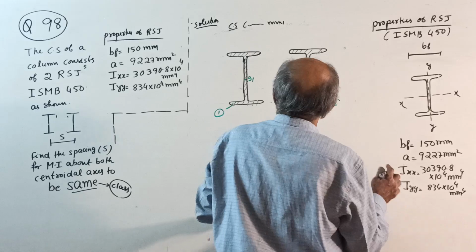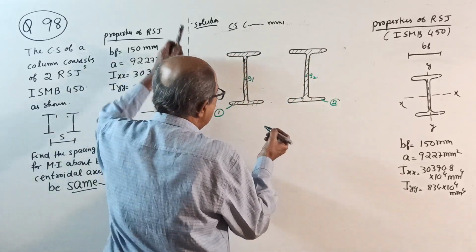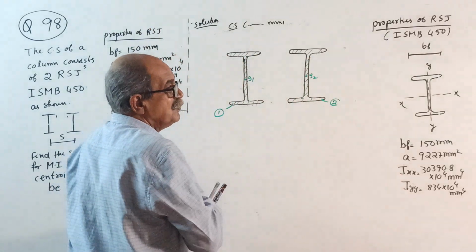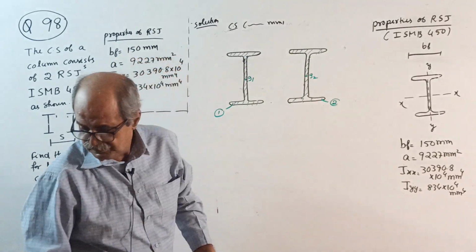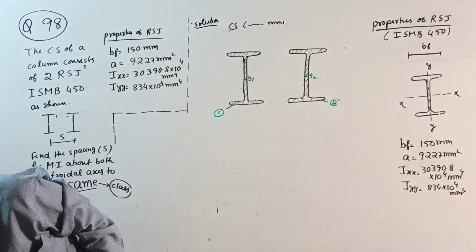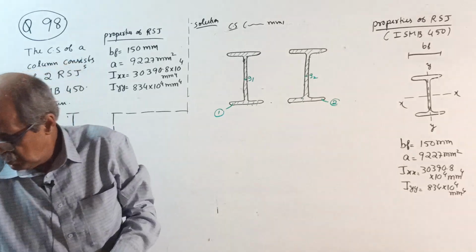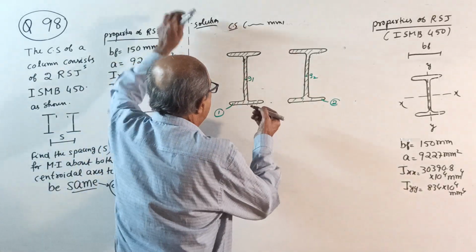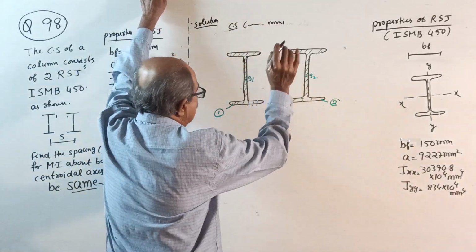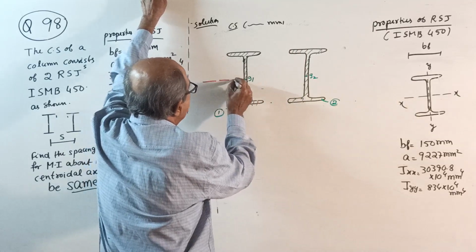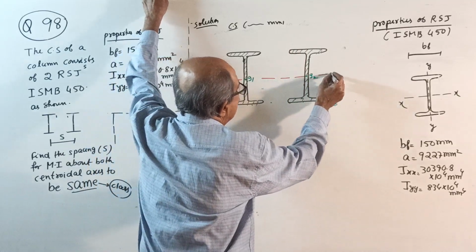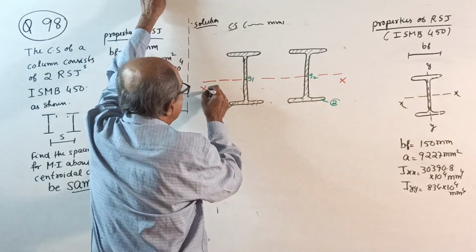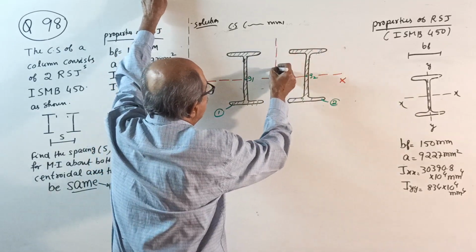Now we want to find the center to center spacing. So mark it here. This is the x-axis, and exactly here this will be the y-y axis.